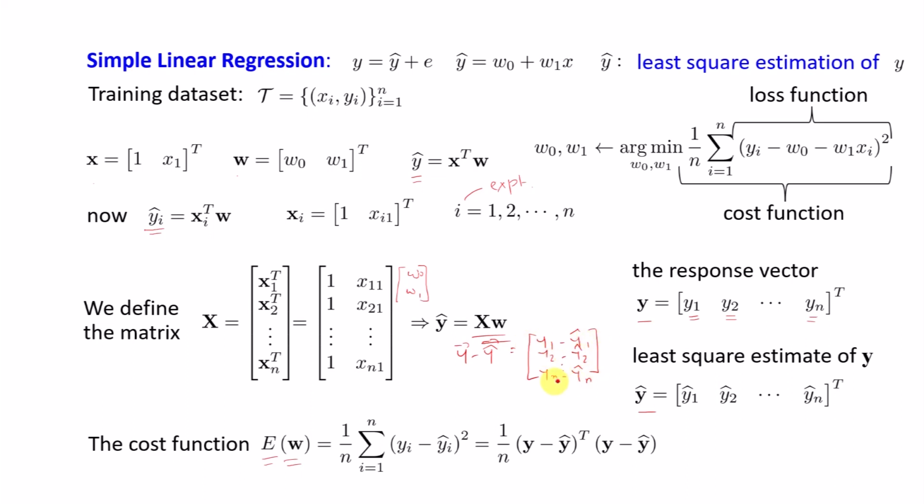If I take this vector and take a dot product with itself, each term will be multiplied with itself, and then all those squares will be added up at the end. Therefore, the summation of this square can be written as this vector dot product with the same vector.